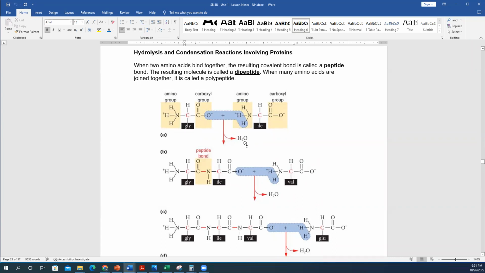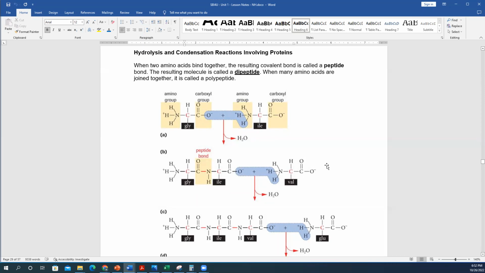And a water molecule is lost. Anytime you have a reaction where a water molecule is lost in this way, this is called a condensation reaction. And through the loss of that water molecule, a bond is formed and a bigger molecule is also formed. From two small amino acids, you get a larger dipeptide.